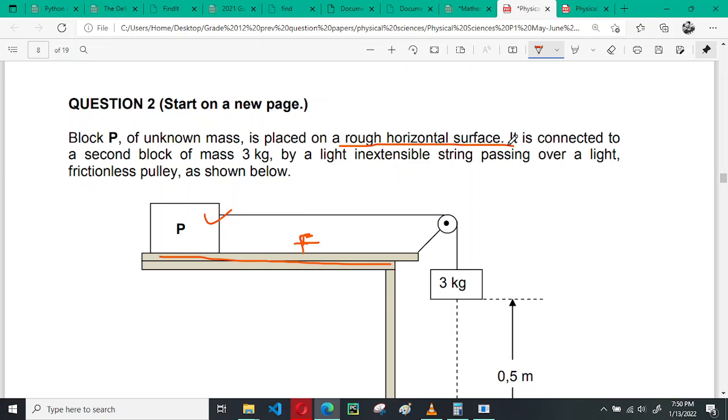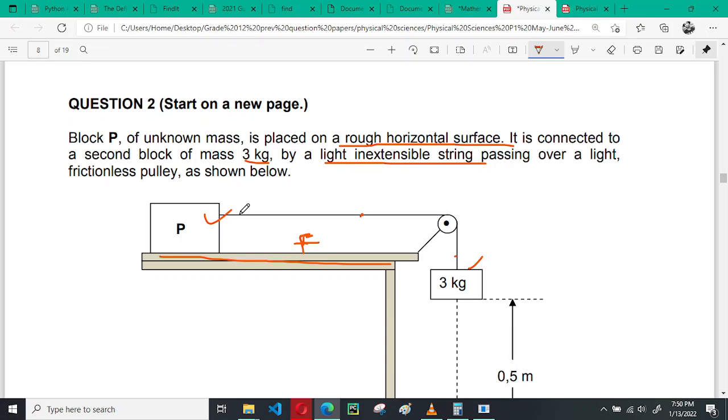Light inextensible string actually means we're going to disregard the mass of the string as well as whether it stretches. The string doesn't stretch and has no mass, so when we calculate, we don't regard the mass of the string or whether it stretches. It remains the same length throughout.